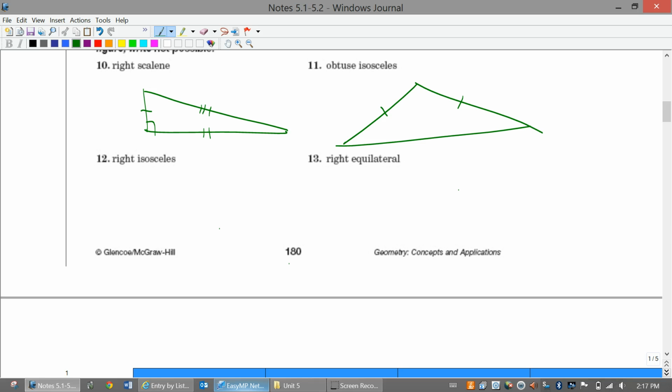Okay, for a right isosceles, it's a right triangle, so could these 2 sides be congruent? No. I can't mark it that way. If I marked it that way, it'd be totally wrong. Why do we know that that's totally wrong? What do we know about right triangles?